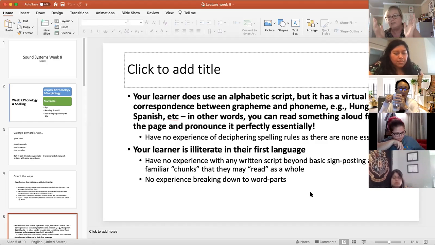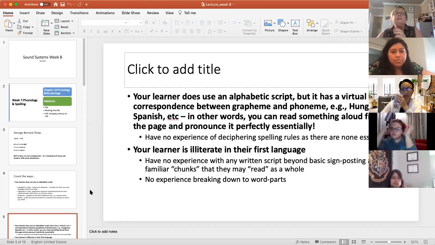They recognize a pattern that means stop, or this means that, but they won't have experience breaking down into different word parts. So those are your 3 possibilities.